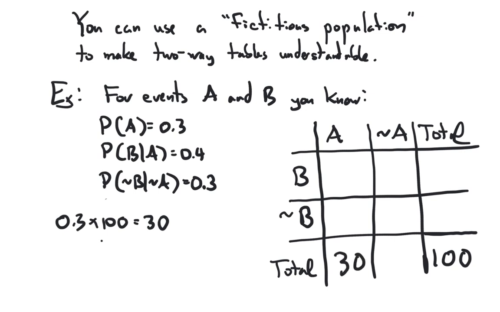And I already know some other information. If this is 30 and my population is 100, if there's 30 in A, there must be 70 not in A, the rest. So 100 minus 30 is 70. Okay, so we used all of this information here. That's great.